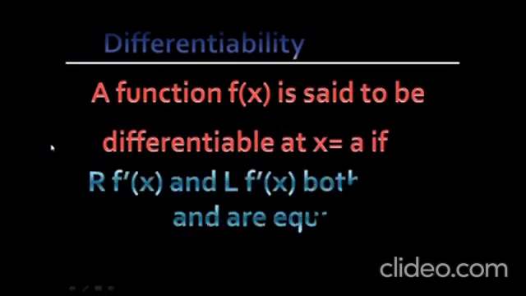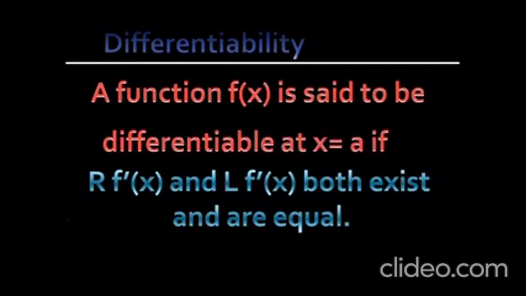In the actual definition of differentiability, we can say a function is said to be differentiable at x equal to a if the right hand differentiability and the left hand differentiability both exist and are equal. If these two are not equal, the function is not differentiable at the point a.